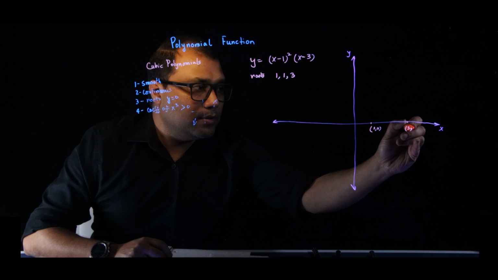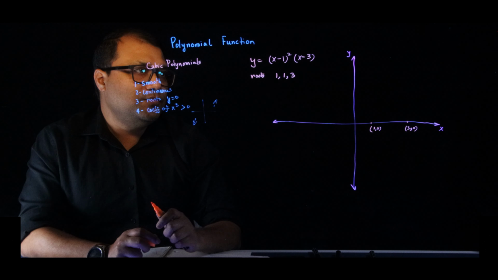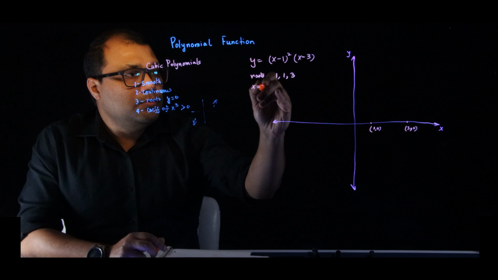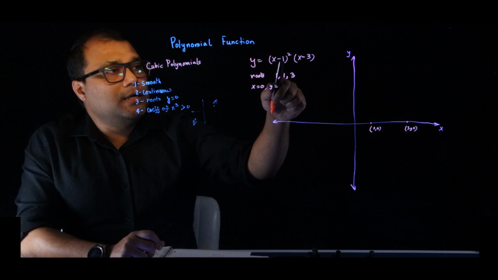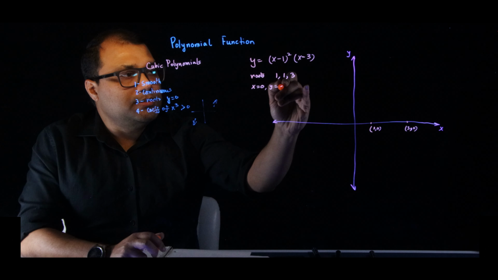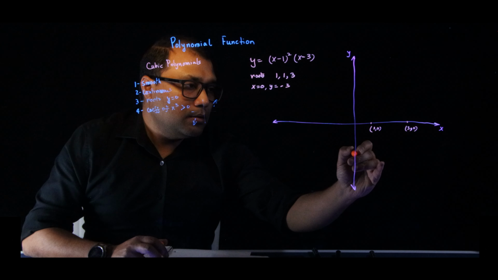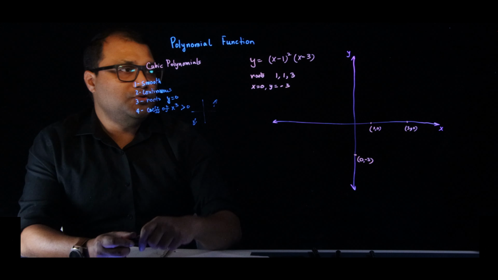The graph must be passing through these 2 points for sure. And when x equals 0, what's the value of y? This will become (-1) squared, which is 1, and this will become -3. So this must pass through the point (0, -3). So this much we know.